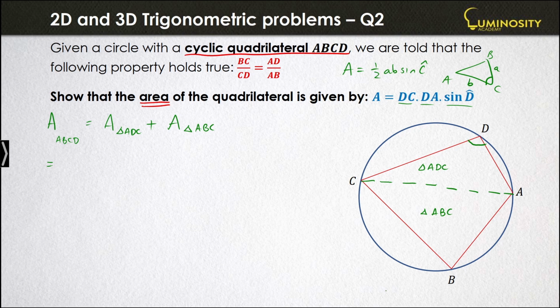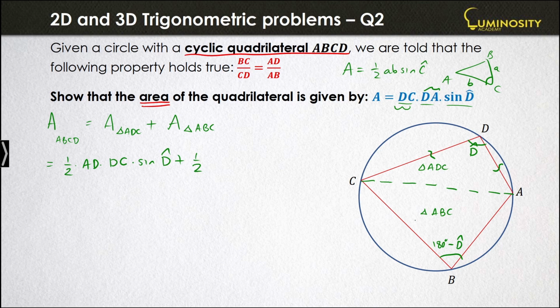Now notice that if this is angle D, then angle B is 180 degrees minus angle D, because if I sum these two together, I must get 180 degrees. That's by cyclic quadrilaterals. So, first of all, the area of triangle ADC is going to be half times AD times DC, which is looking good because there's AD or DA and DC, times sine of angle D, plus a half.